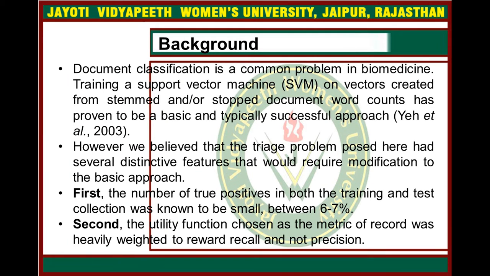Now the background: document classification is basically a common problem in biomedicine, and in this, training a support vector machine, that is SVM, on vectors created from stemmed and or stopped document word count has proven to be a basic and typically successful approach.